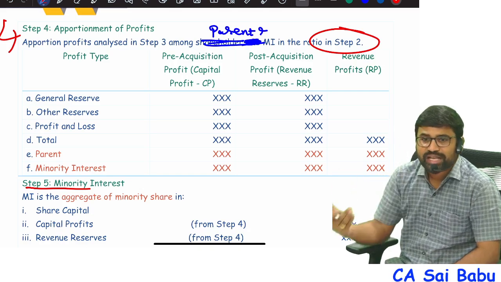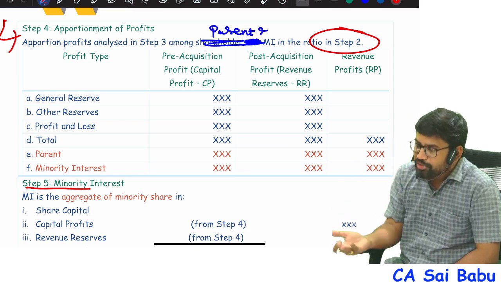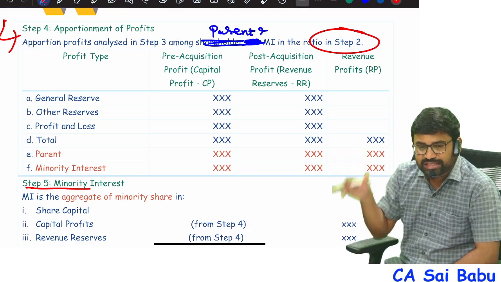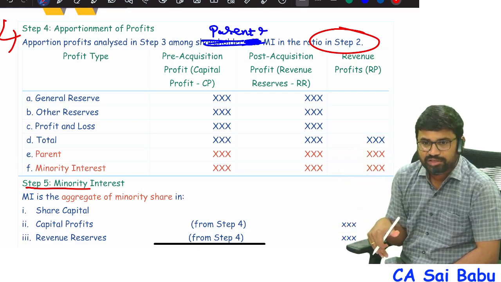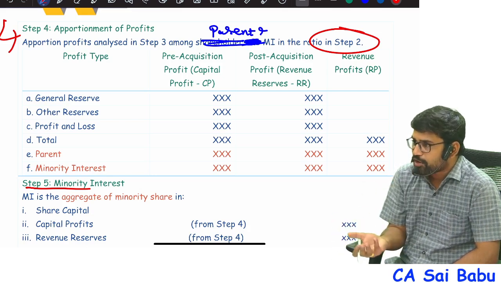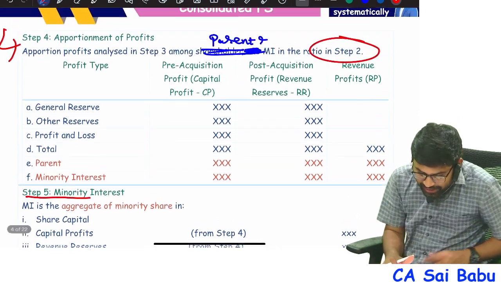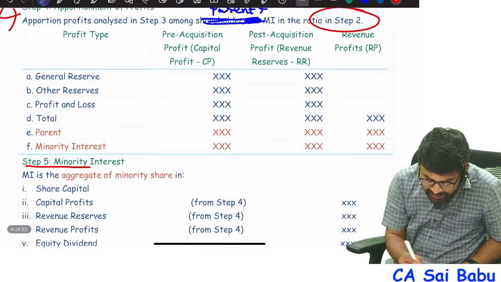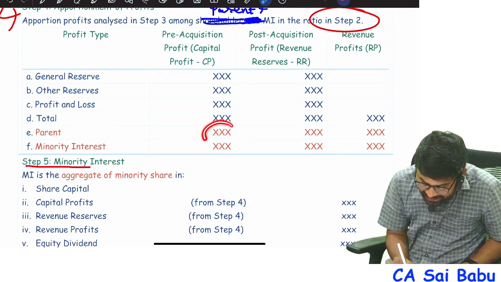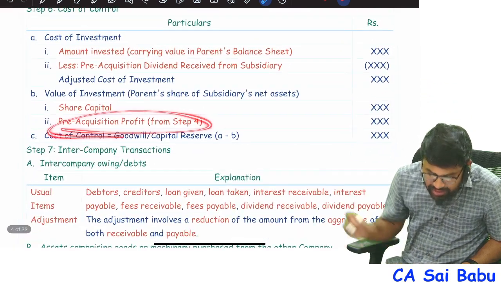Why do we need to analyze the subsidiary company profits into pre and post? Because by the time you are acquiring the subsidiary, whatever profits are there in the subsidiary, they are all your capital profits. You don't have any investment, but you are getting the rights on those profits. They are your capital profits. Capital profits generally will not be credited to the P&L account. That's why, in the case of the parent company, whatever share they are getting from the pre-acquisition profits, we are adjusting to the cost of investment.